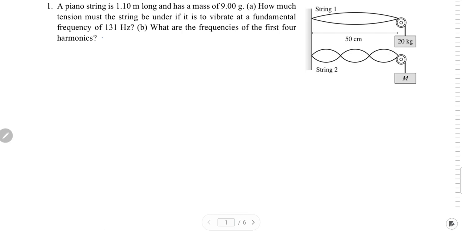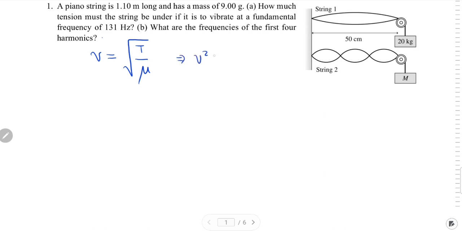So we want to find the tension, and we know that tension is related to the speed of the wave in the string. So we can use this equation: V equals square root of tension over mu. So in order to find tension, we can square both sides.